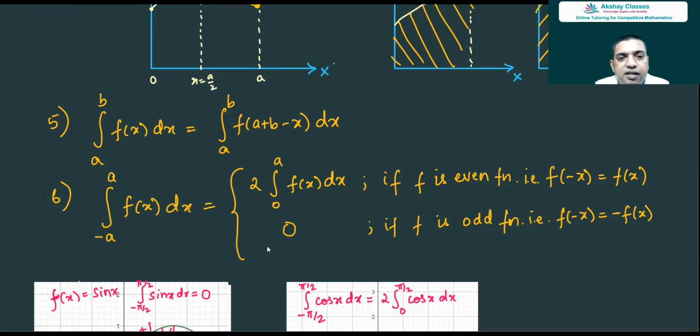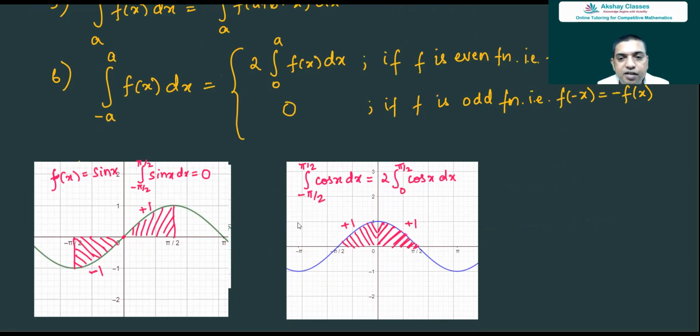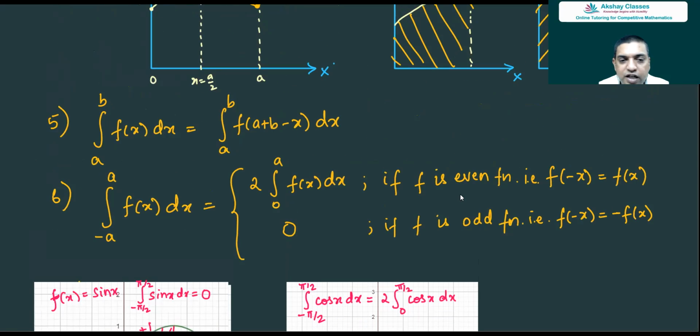My idea is when you look at a problem, you should be able to visualize it graphically as far as possible and immediately come to the solution without having to actually solve the integral. That is why I'm giving a graphical point of view.